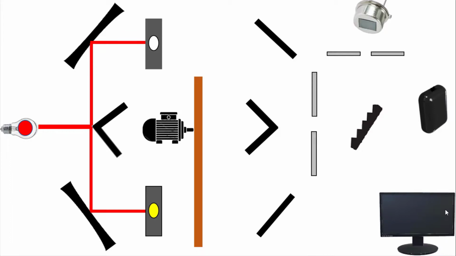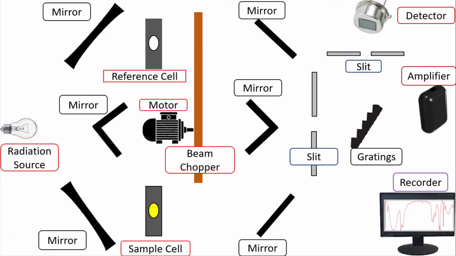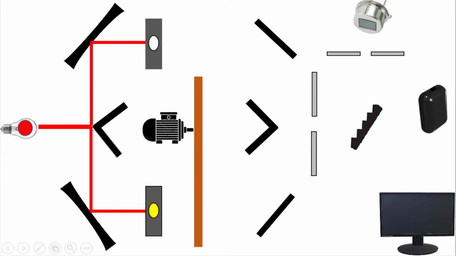After passing through the sample and reference, the beam chopper allows them to pass alternately. Here you can see that the path of the radiation from the sample is blocked, so it is open for the reference cell.